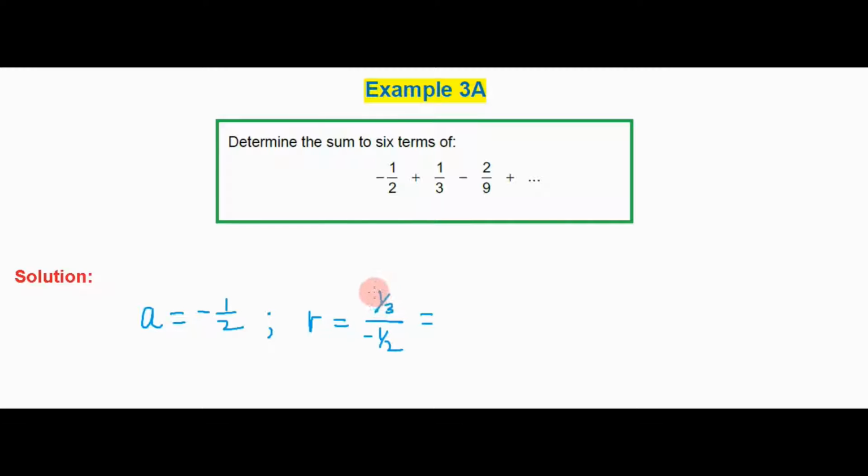So here we have a fraction divided by a fraction. So we can multiply the numerator by the inverse of the denominator, and this comes to negative 2/3. We are also given n is 6, and we need to find S sub n, in other words S sub 6.